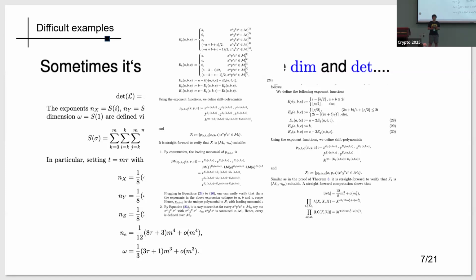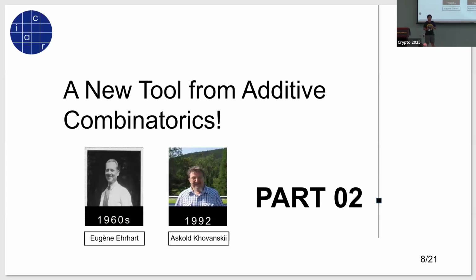People split the dimension into small parts and compute each part very carefully. You can see they use many pages to compute the dimension and determinant. But here I will introduce a very beautiful and powerful tool from additive combinatorics. The credit should be given to the mathematicians.